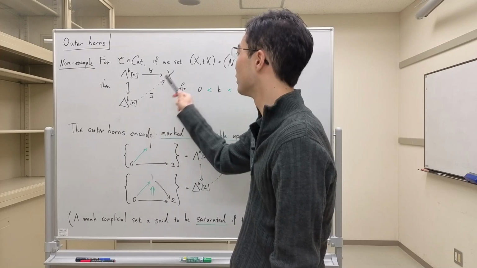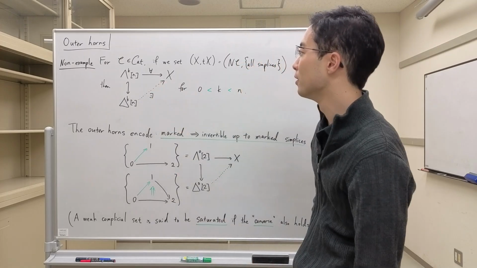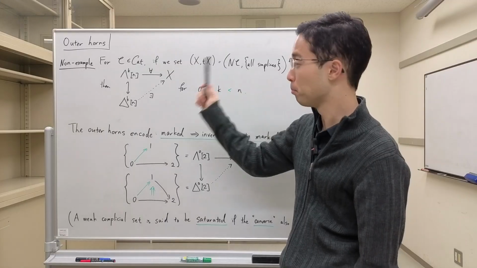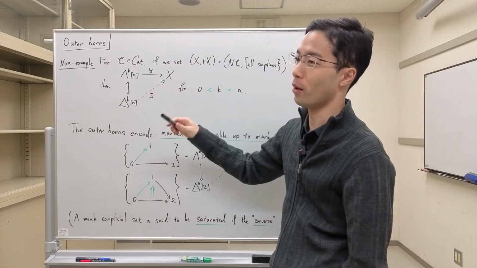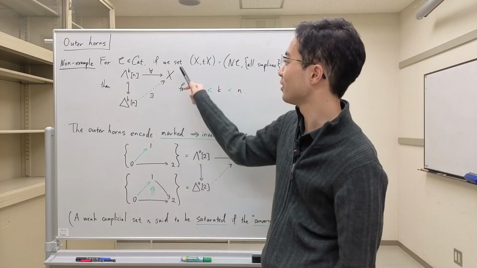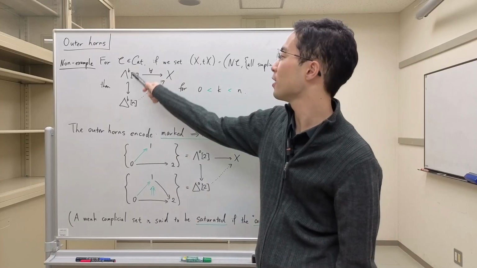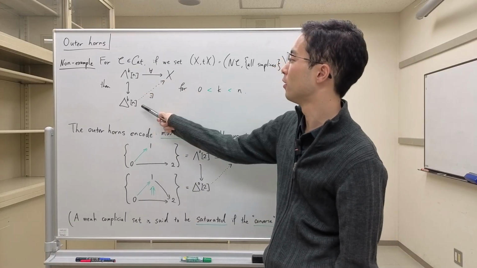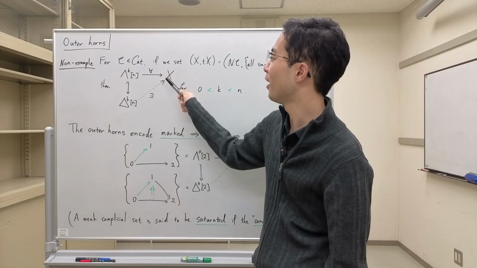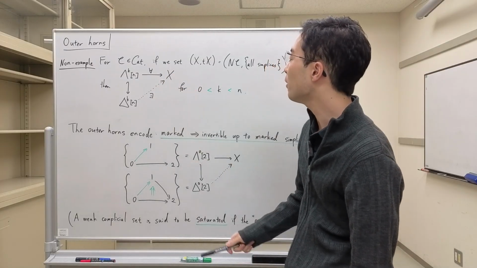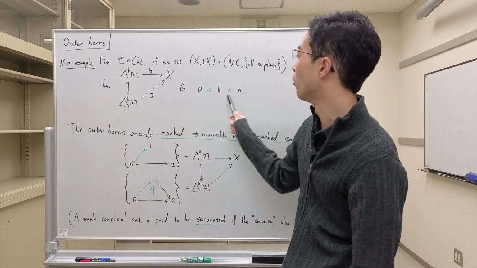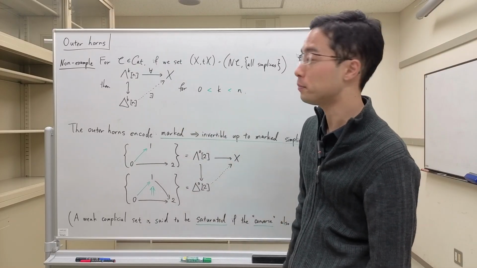So this lifting problem is equivalent to the usual lifting problem without the marking, where X is just a nerve and this is the usual Horn inclusion. And this kind of problem always has a unique lift for k strictly between 0 and n.